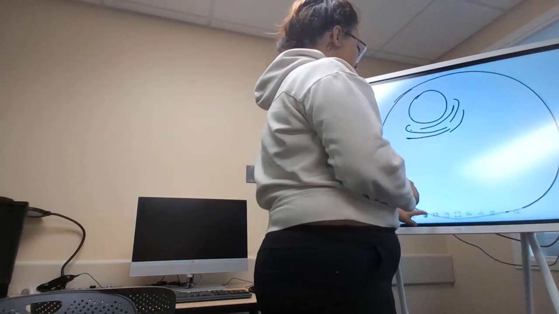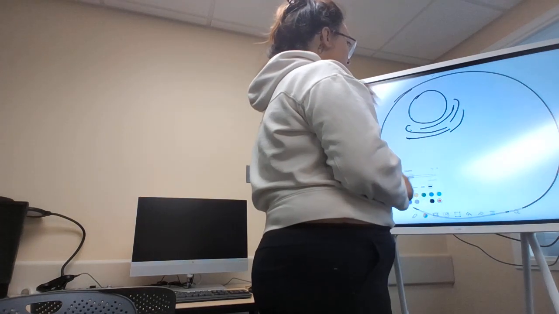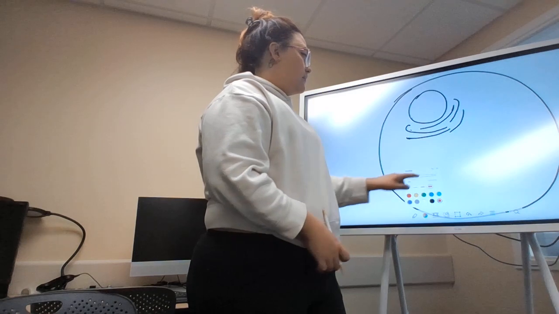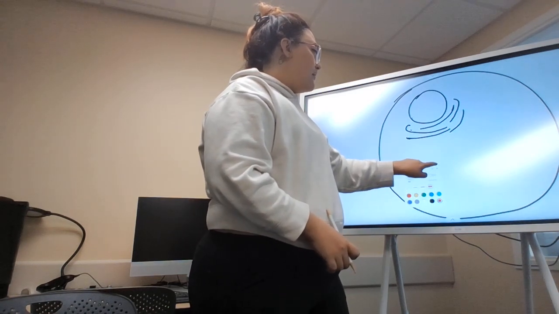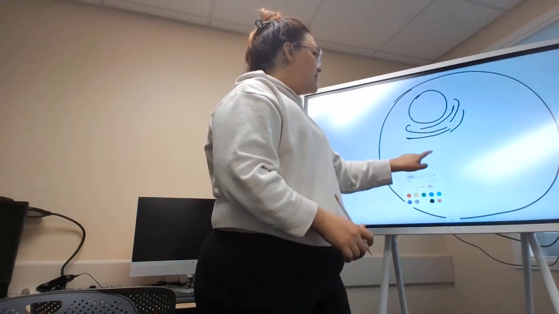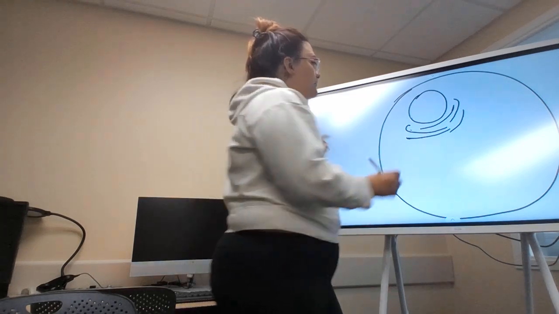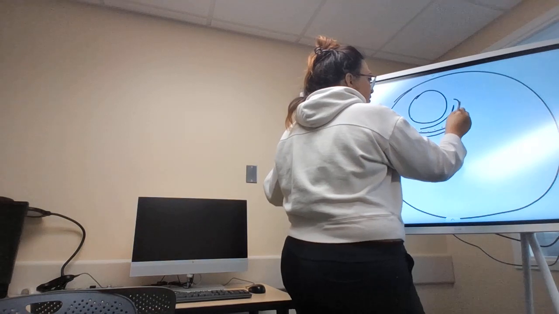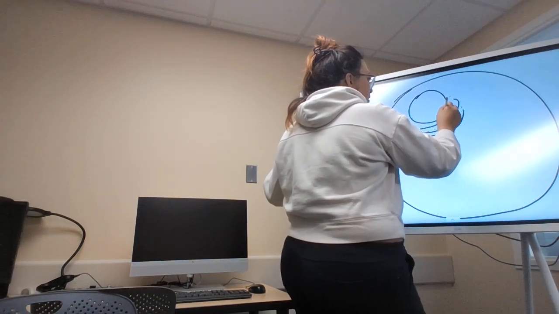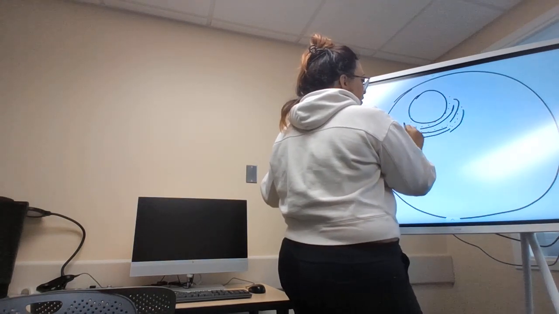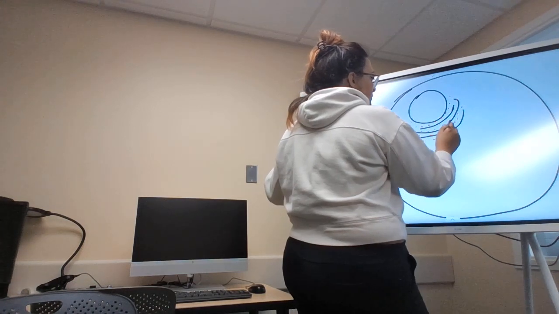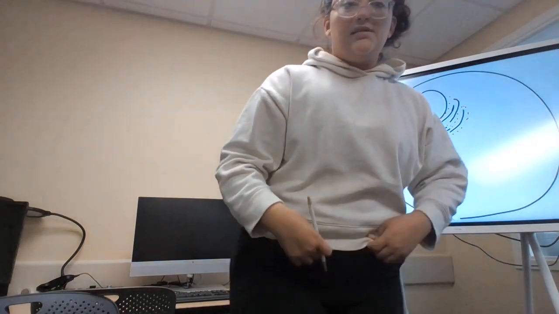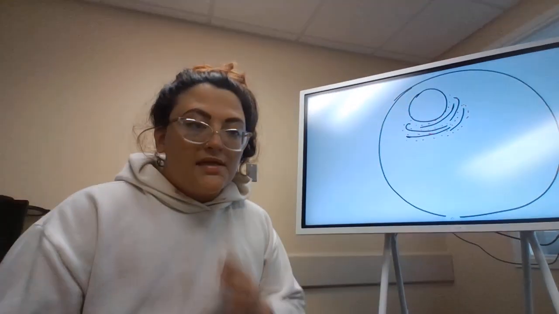What makes it rough is specifically these little pockets of protein called ribosomes that are attached to it. So it just gives it the appearance that it's rough.